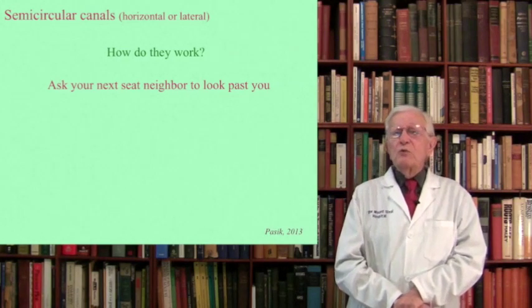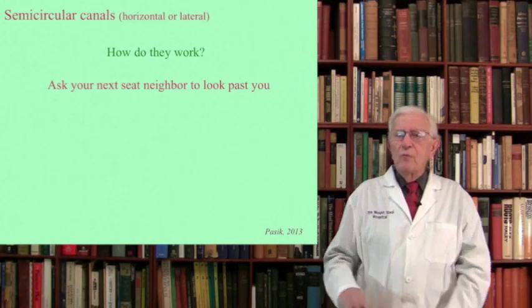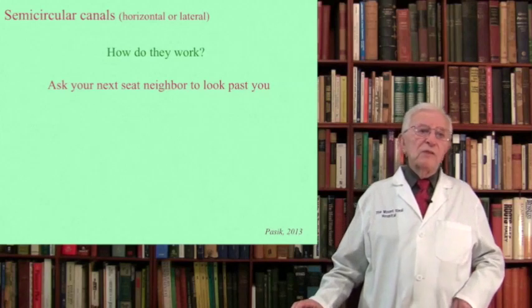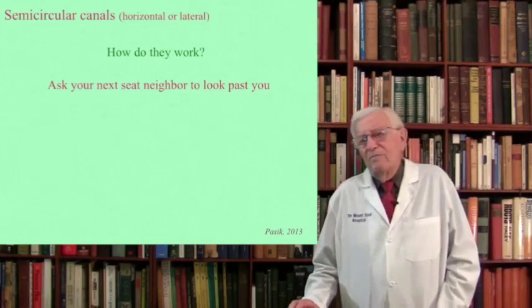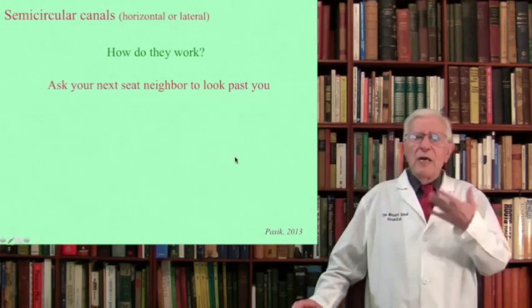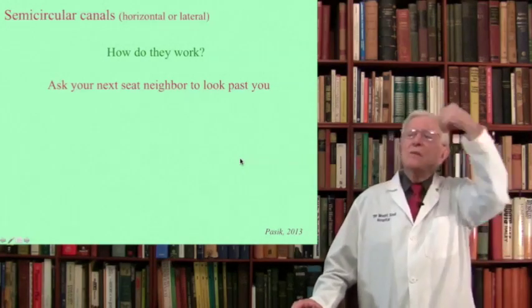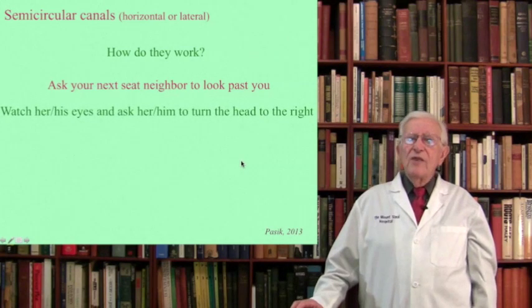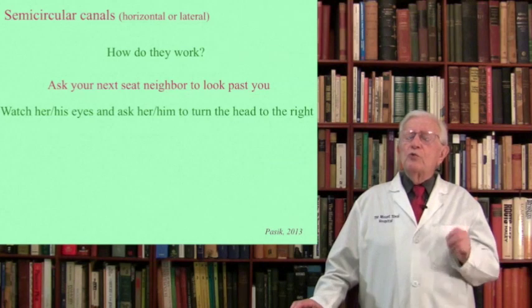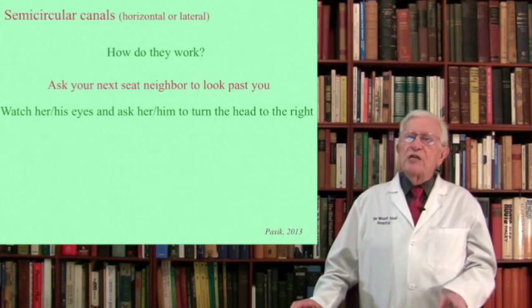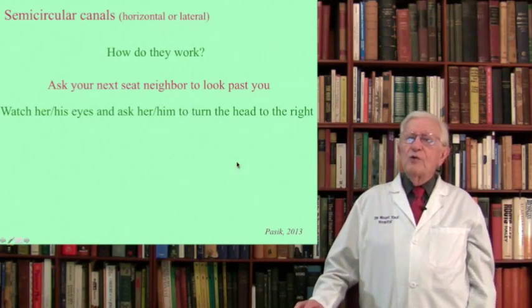So what happens when you turn your head with the eye movements? So you can do this cute exercise. Ask your neighbor, all right, to look past you, to look at infinity, past you, all right? And then you ask the person to turn the head to the right and watch the eyes. And what are you going to see?